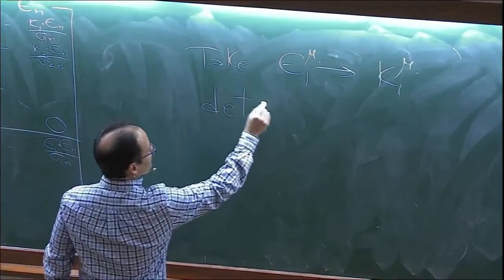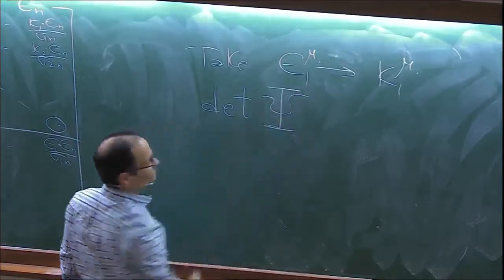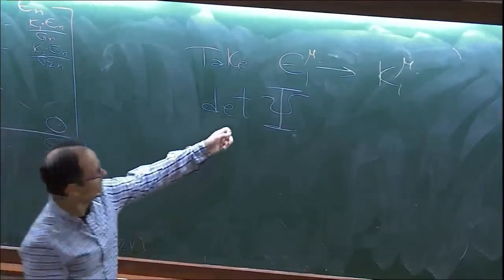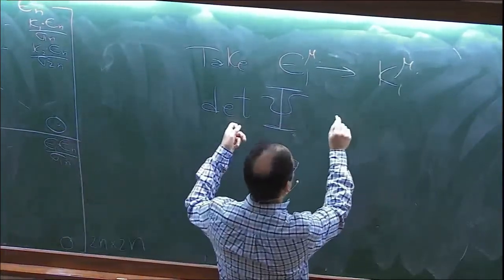Now, if we computed the determinant of the matrix, then gauge invariance would be manifest.